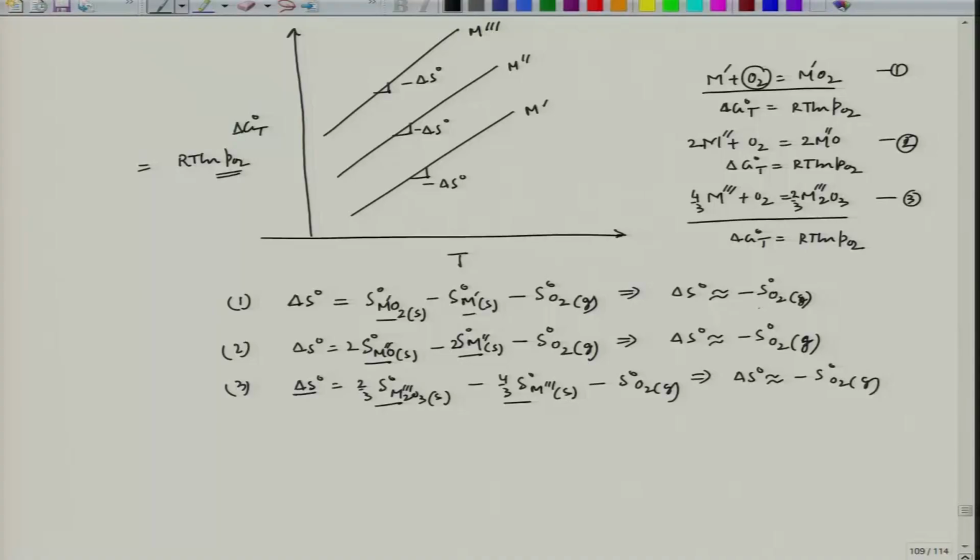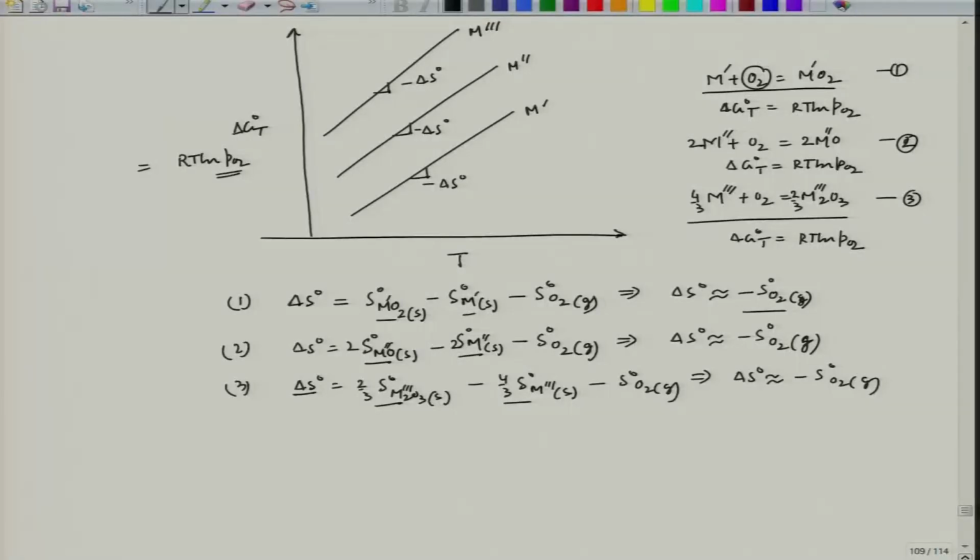That is what we can roughly say, that in all three cases the slope becomes similar, because in all the cases the slope is nothing but minus S 0 O2, which eventually becomes plus S 0 O2, and entropy of a substance is always positive. So, that is why the slopes are almost similar, and that is why if you see an Ellingham diagram, you will see that all the oxide lines are nearly parallel to each other.